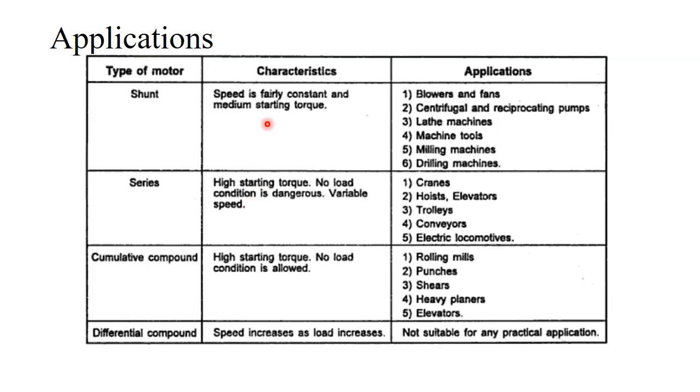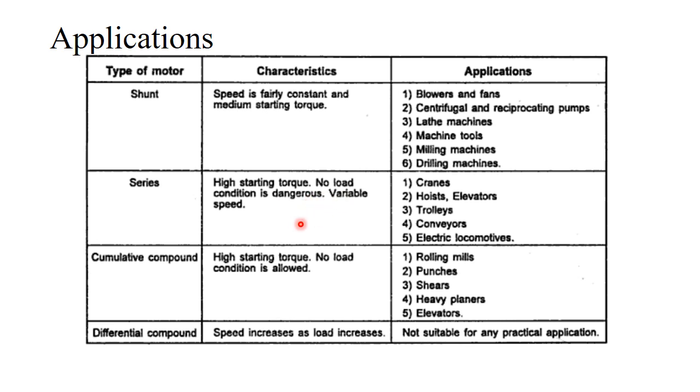From the various graphs you can notice that in a DC shunt motor the speed is fairly constant, but the starting torque is medium. In a DC series motor you can notice that there is a high starting torque, and since it has a high starting torque, no load condition is dangerous, which may lead to an accident.